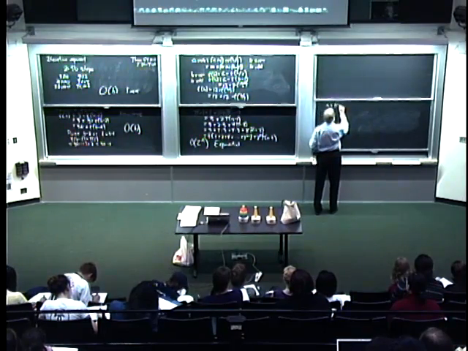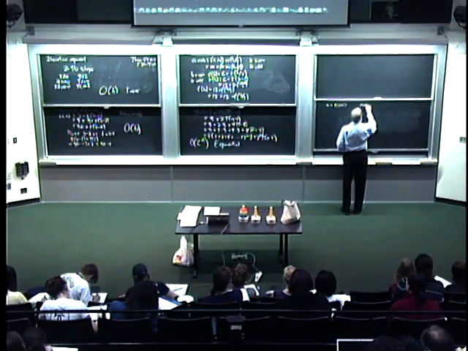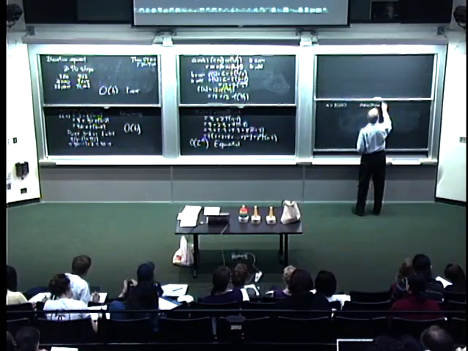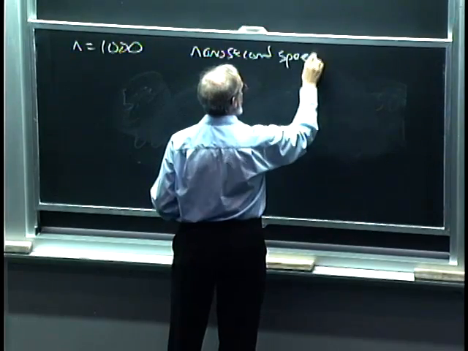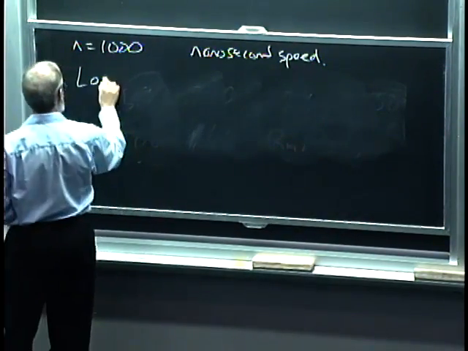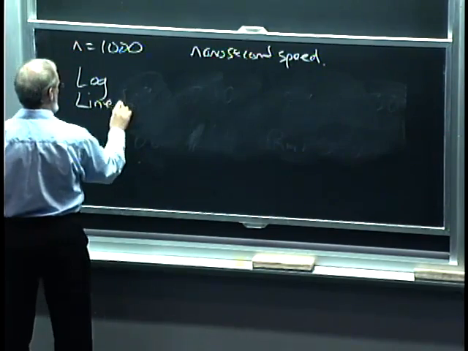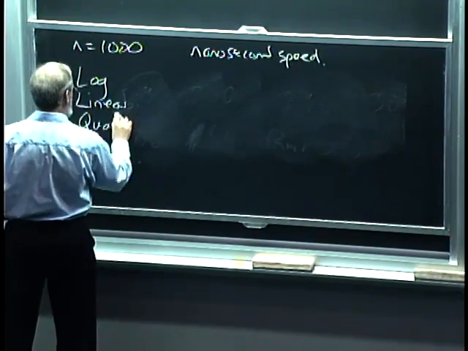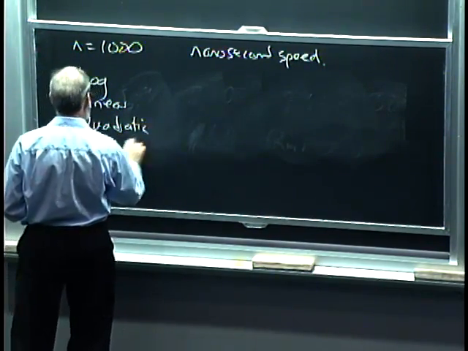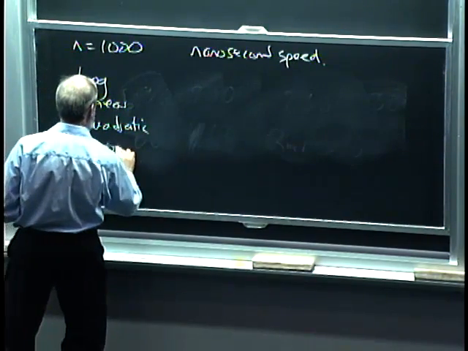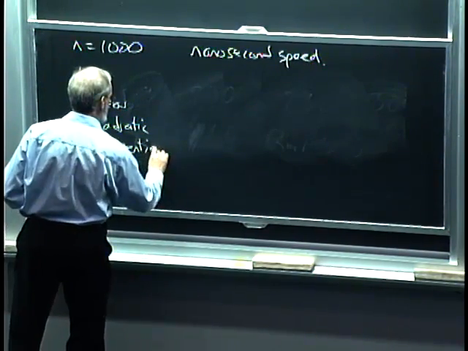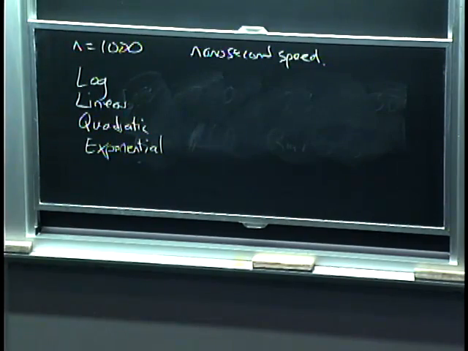Let's suppose n is 1,000, and we're running at nanosecond speed. We have seen log, linear, quadratic, and exponential. So, again, there could be constants in here, but just to give you a sense of this.